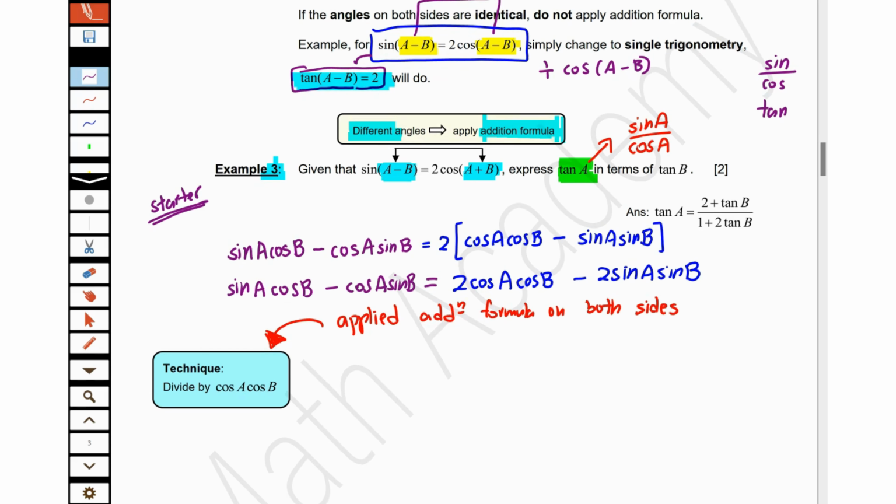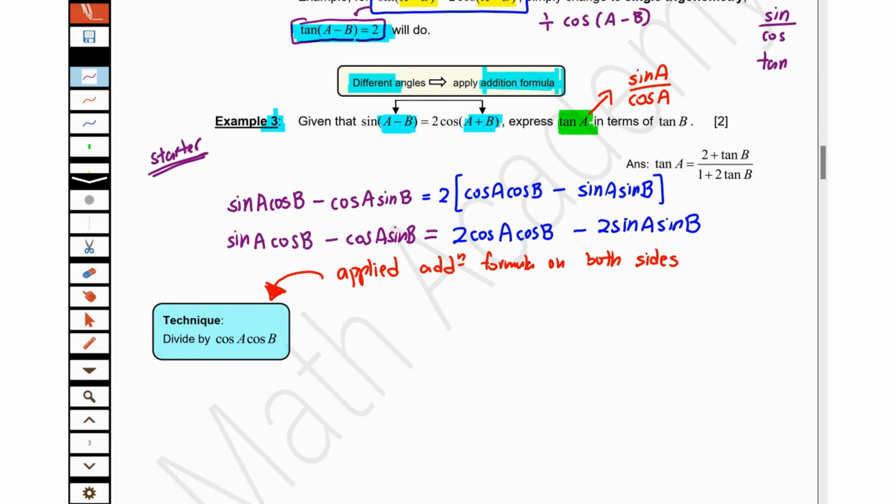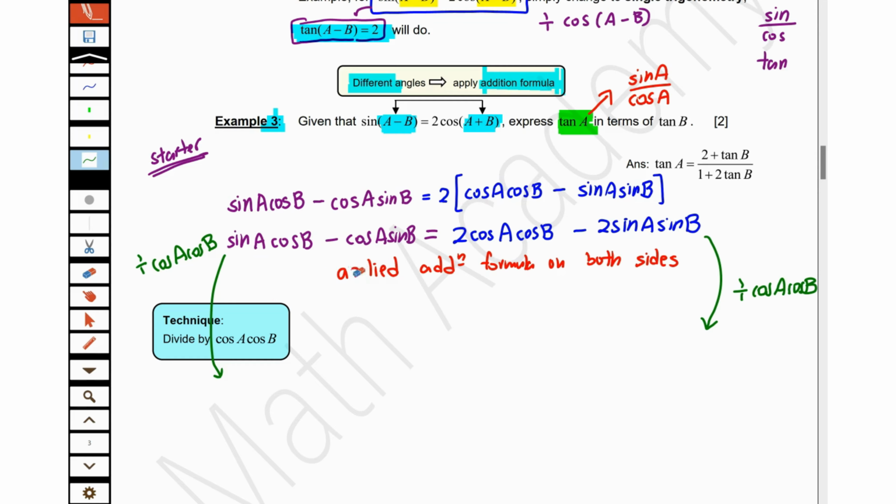Okay, so I'm going to apply the formula now. I'll divide by cosine A cosine B. I'll put a remark here. You either write down 'divide by cosine A cosine B', this is the first presentation, or you put it underneath. Okay, maybe let's do that. I'm going to erase this statement first.